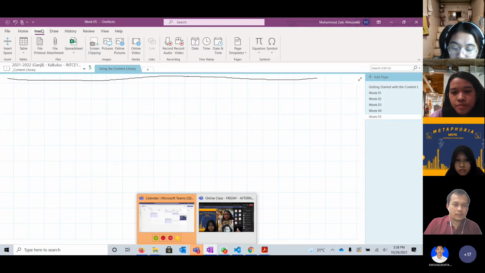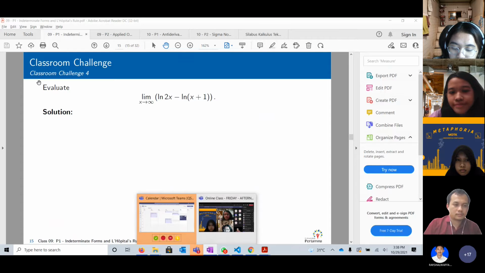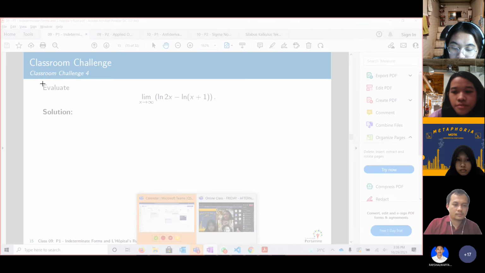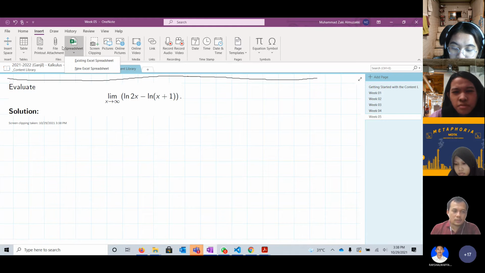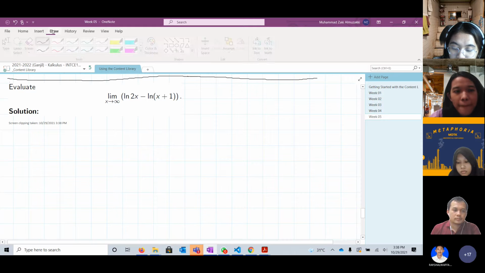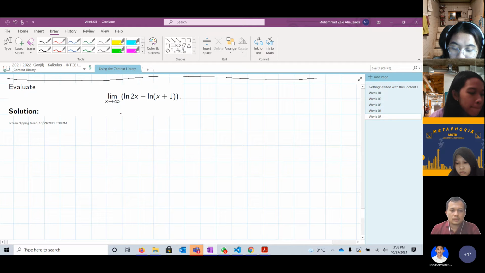What do we have here? So if we substitute infinity, then we have infinity minus infinity, right? So in this case, we have infinity minus infinity.